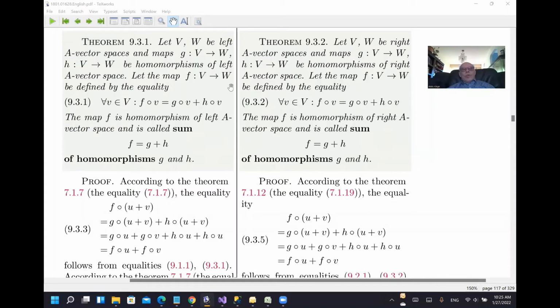Let V, W be left A vector spaces and maps G and H be homomorphisms of left A vector space. Let the map F be defined by equality 3.1. The map F is a homomorphism of left A vector space and is called the sum of homomorphisms G and H.